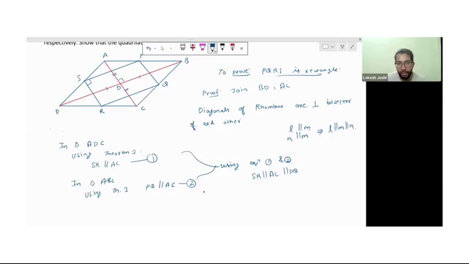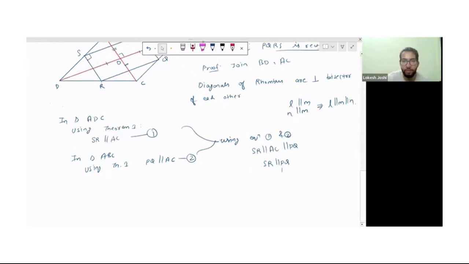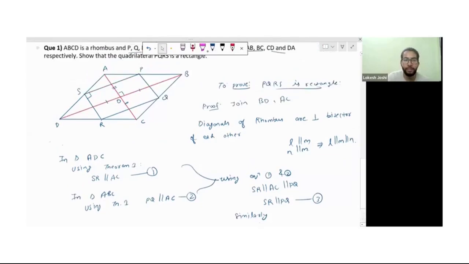Now, what I can write, SR is parallel to PQ. Okay, this side, SR is parallel to PQ. Now I can mark it as equation number 3. Similarly, if I construct these triangles, the same property will hold, and both are rhombus.